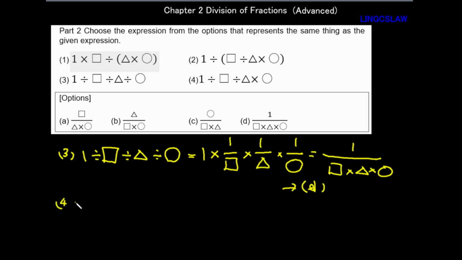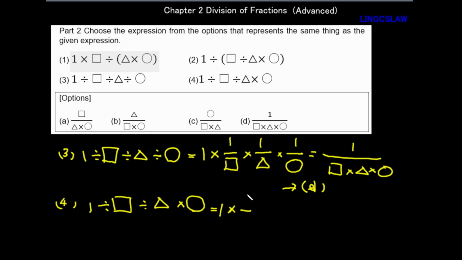Number 4. 1 divided by a square divided by a triangle times a square. And again, convert the division to multiplication.